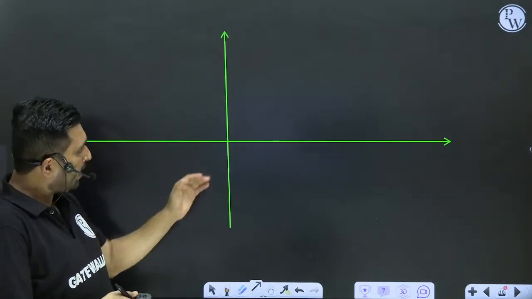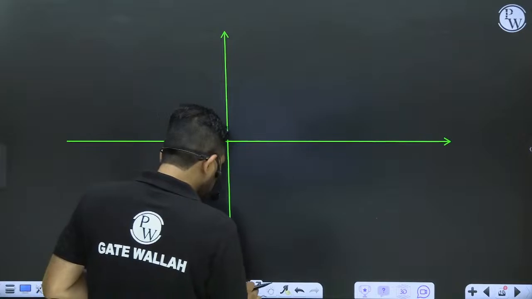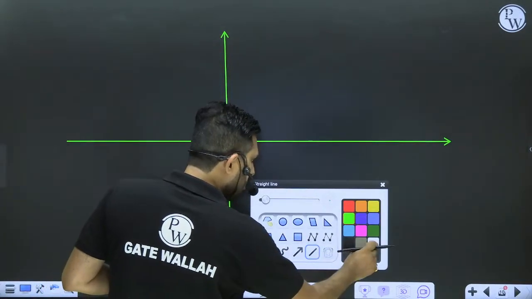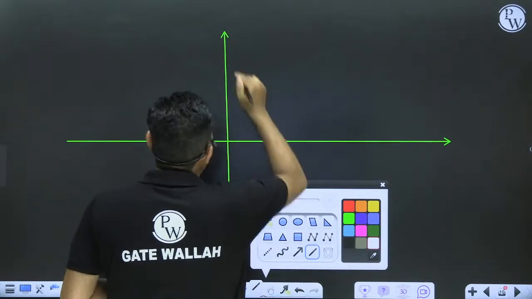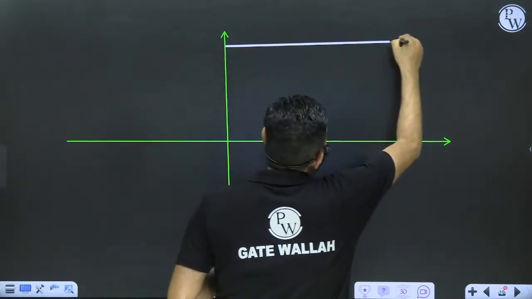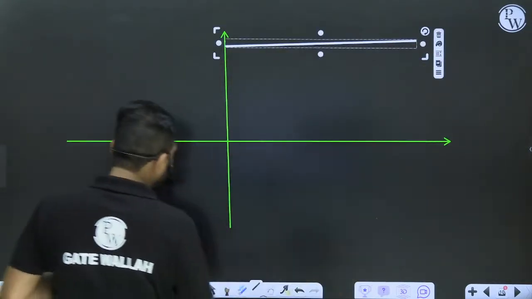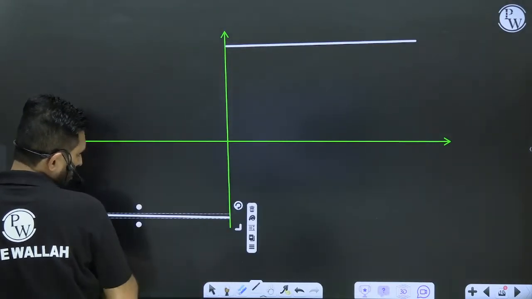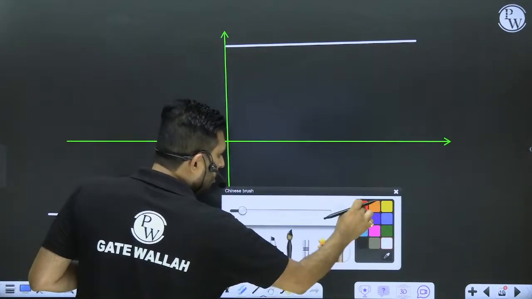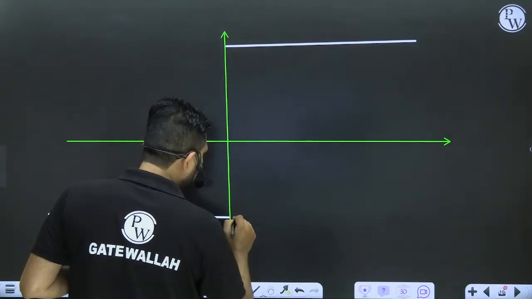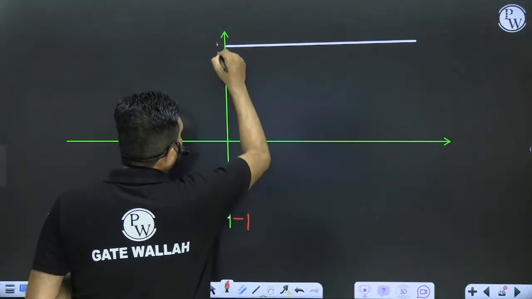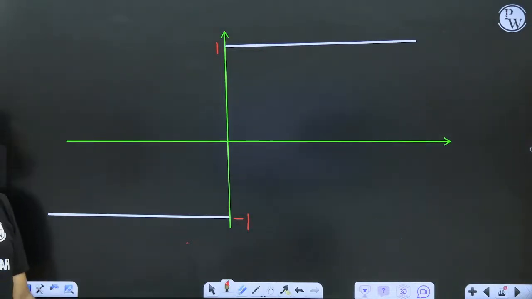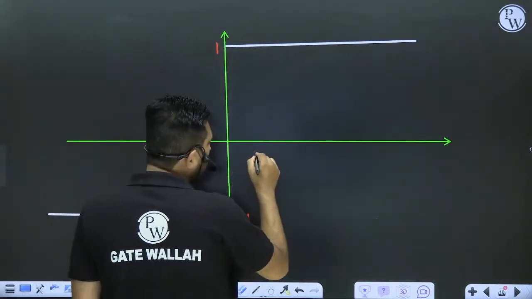So this becomes this function, and this becomes this function. So this is 1 minus 1, and I told you this is a very famous function, which is basically the signum function of t.